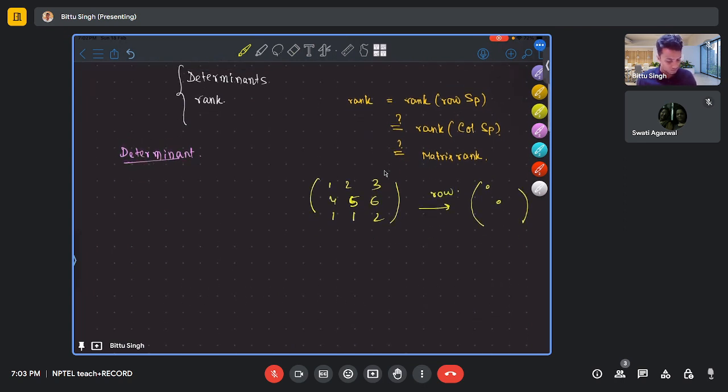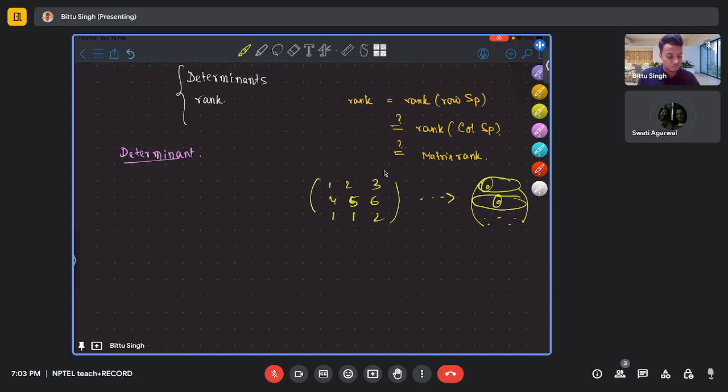Suppose after row operations you get a row echelon form in which the first and second rows are non-zero and other rows are zero. Then the first and second column, or another column, will contain a non-zero pivot.